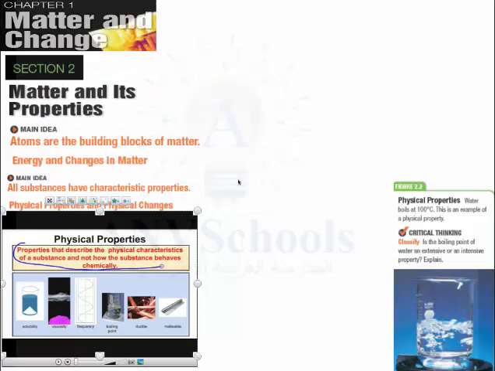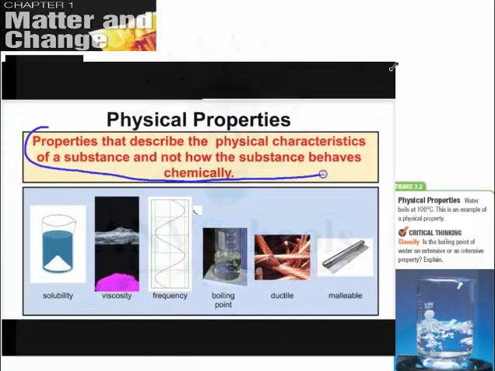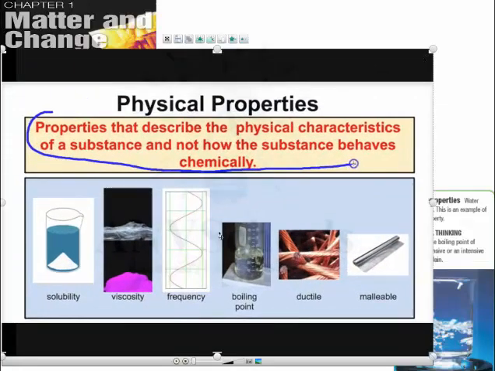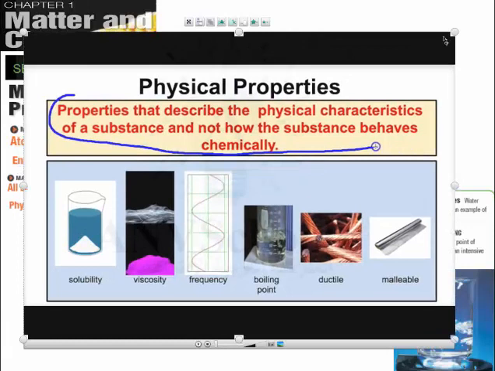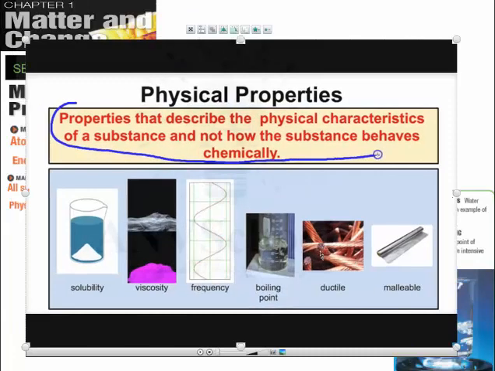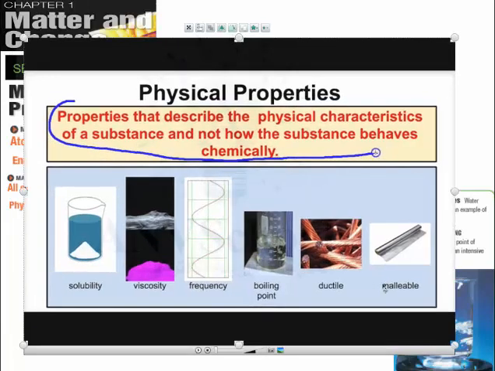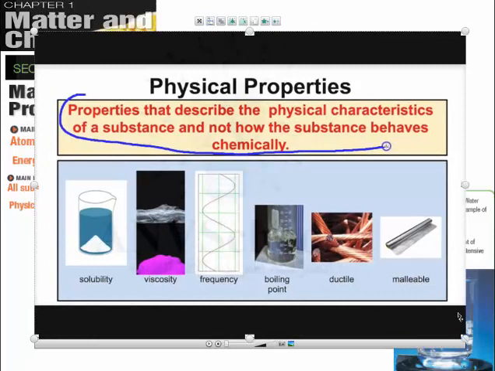Hi, welcome. In the previous lesson, we looked at physical properties, and we saw that physical properties basically involve changes which are visible, like solubility, viscosity, frequency, boiling point, ductility, how you can coil metals into round shapes, and malleability, the ability to shape a metal in the way you like.